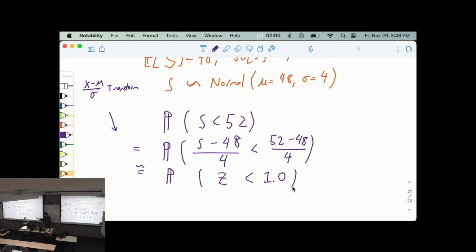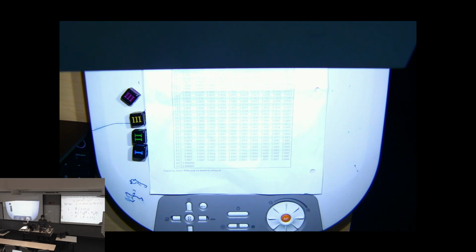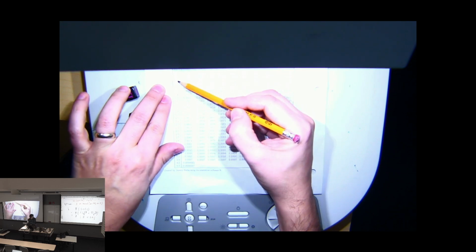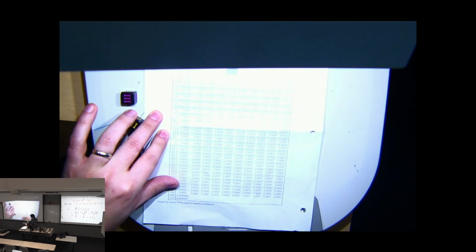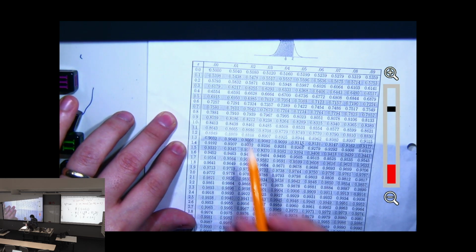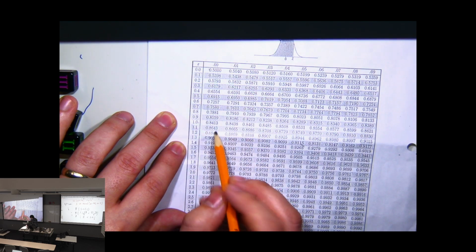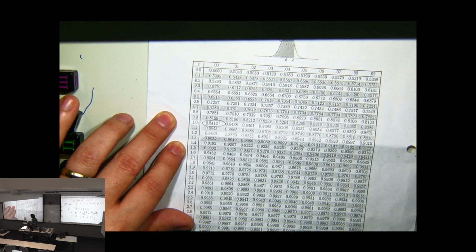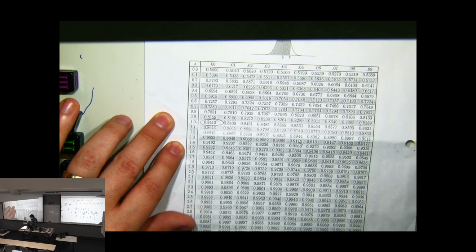Okay. And then this one you look up on your table. So you get your table out. And in the table, you look up, okay, we need a z value of 1.0. 84.13% is the answer.